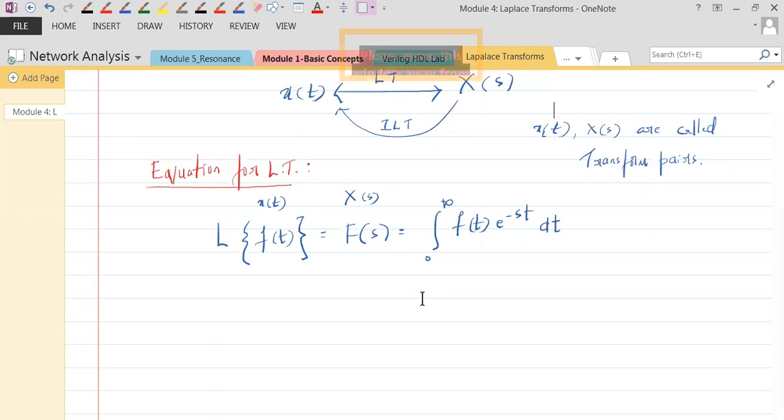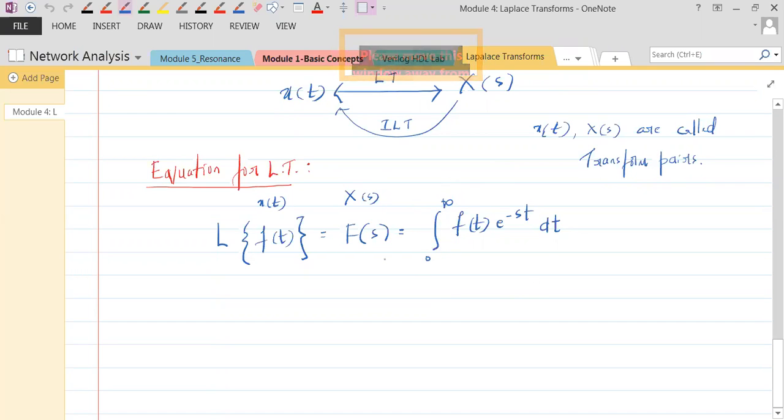But for engineering applications, if you consider circuit applications, you have circuits rigged up. There we don't go with minus infinity. We go from 0 to infinity. So this is unipolar, on one side you have.